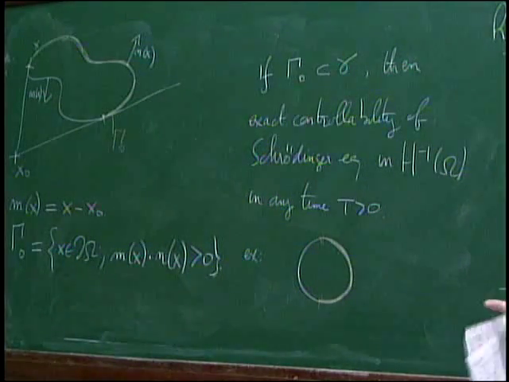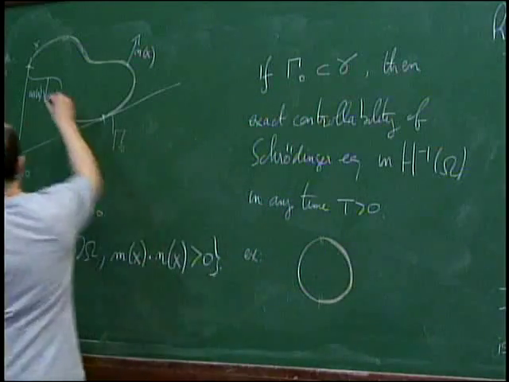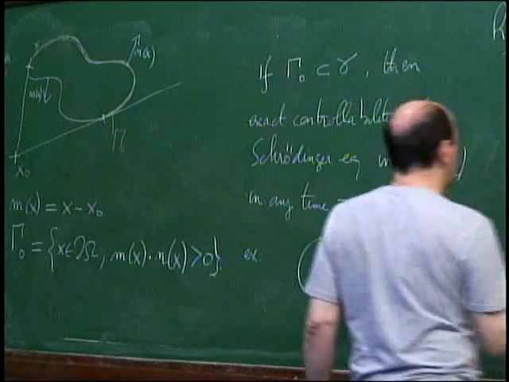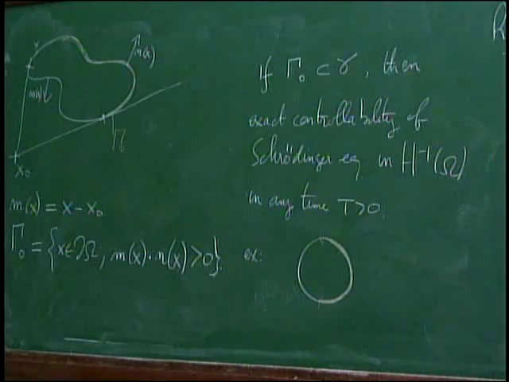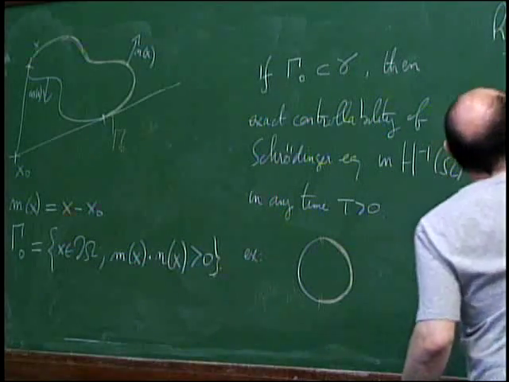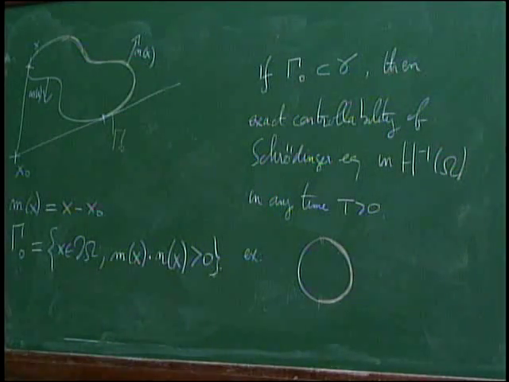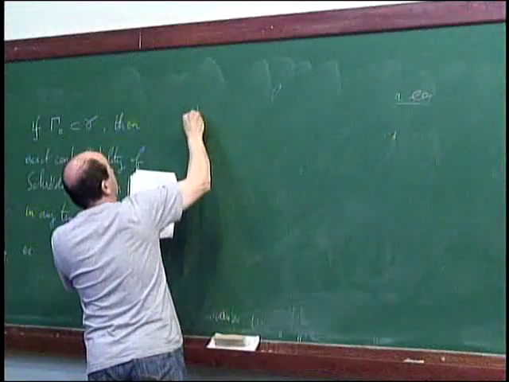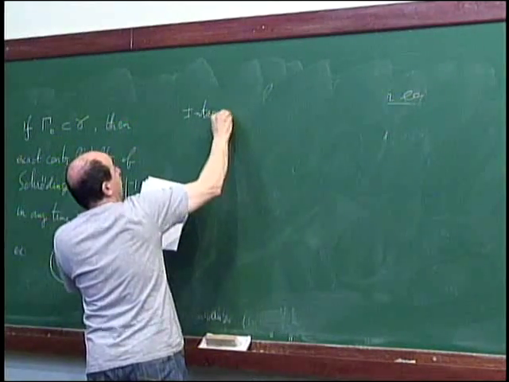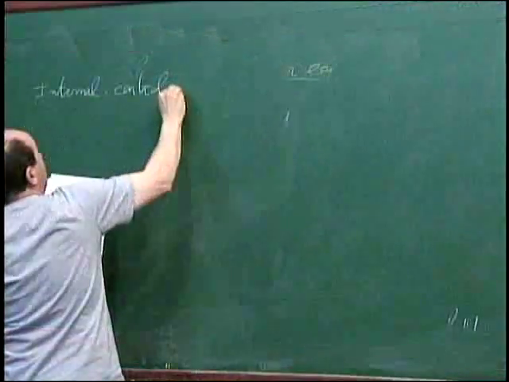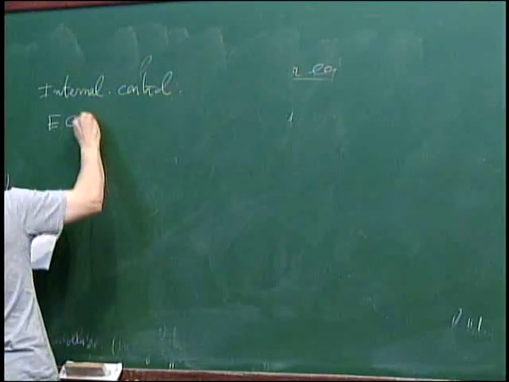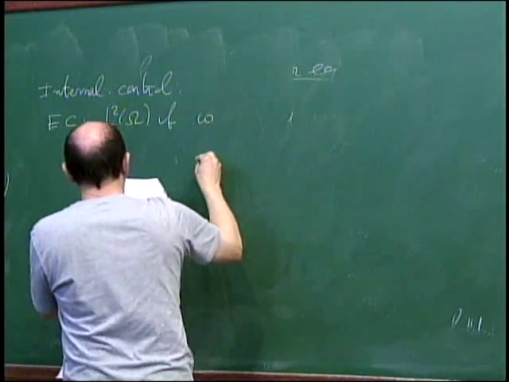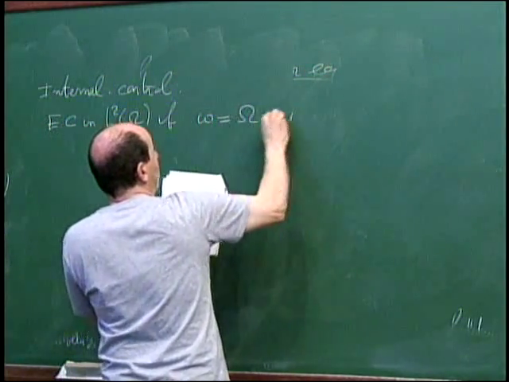And for the internal control, it's quite similar. You just have to take actually a neighborhood of this red region, and you have also some exact controllability result. So internal control: you have the exact controllability in L2 of omega if the small omega is defined this way.